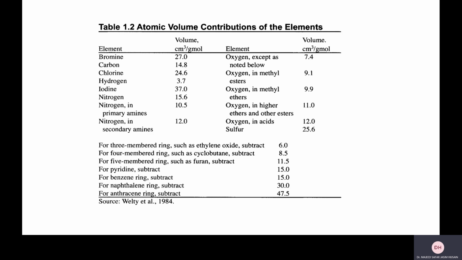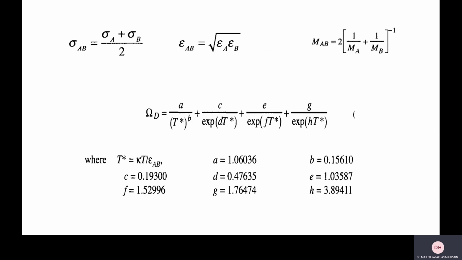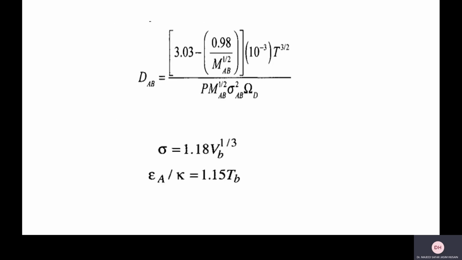And if you remember, we had this equation. The first equation on your right hand side is written: MAB is equal to 1 over MA plus 1 over MB, to the power minus 1. So that's MAB. Multiplying by 10 to the power minus 3, multiplying by the temperature.